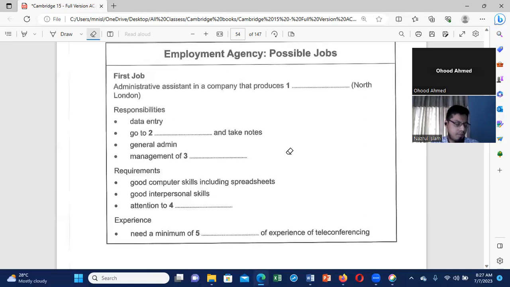We've had quite a careful look at it, and I think we have two jobs that might be suitable for you. Okay. The first one is in a company based in North London. They're looking for an administrative assistant. Okay. What sort of company is it? They're called Home Solutions, and they design and make furniture. Oh, I don't know much about that, but it sounds interesting.